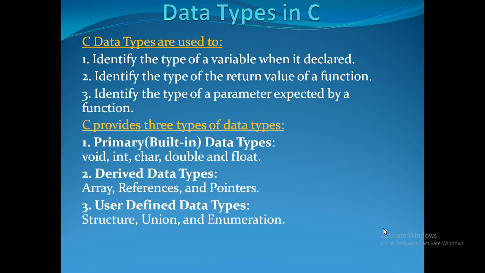Modularity means, if we have a big program, we divide it into small programs with the help of functions, and we segregate the programs based on functionality. For each functionality of the program we write a function, and each function has a label and some responsibilities. Some functions will return a value, some functions may not return a value. So likewise, identify the type of the return value of a function.